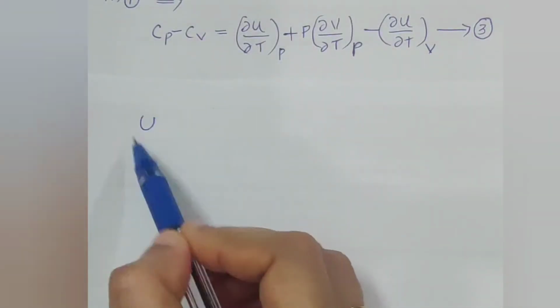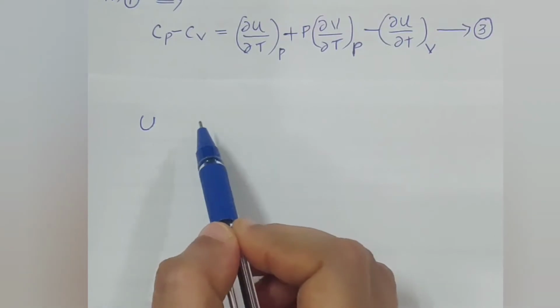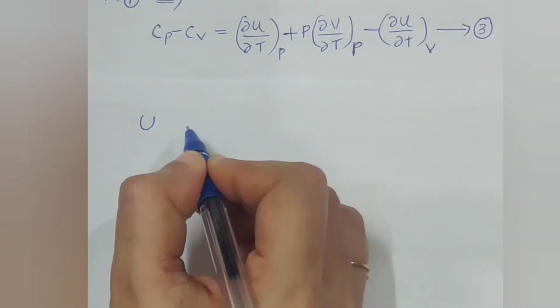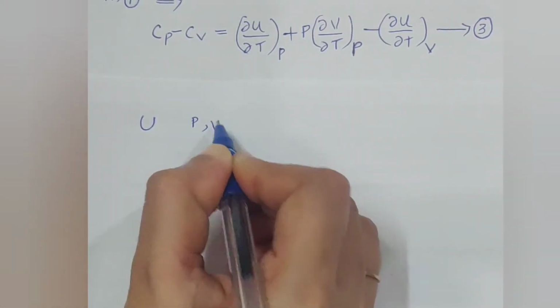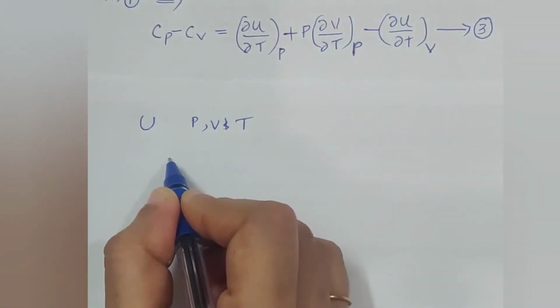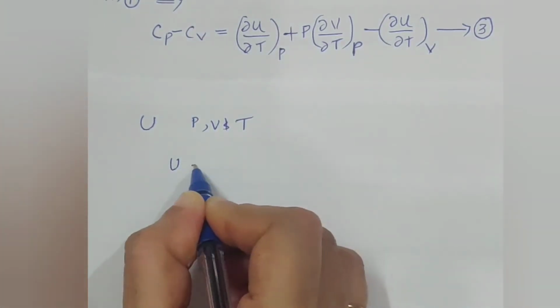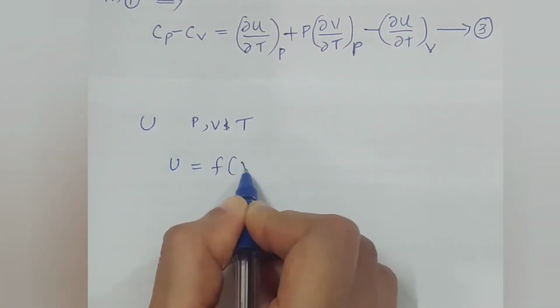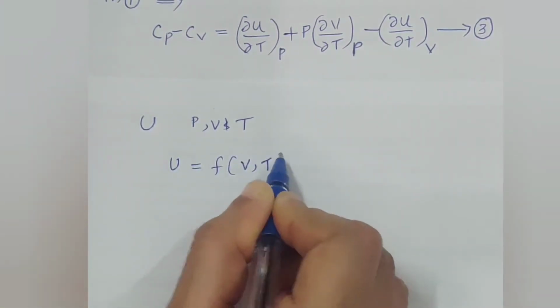Suppose U is a function of any two of the variables pressure, volume and temperature. Here we are taking U as a function of volume and temperature.